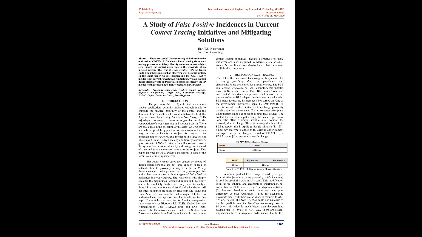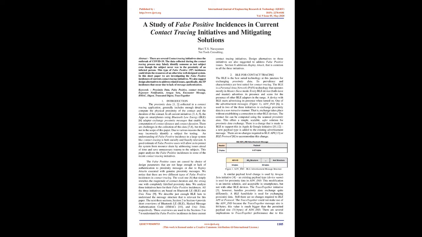All the 3 initiatives are based on Bluetooth LE, BLE, and Unix Time [9]. We describe just enough BLE here to understand the message structure that is relevant for this paper. The next 3 sections, Section 2 to Section 4, provide short overviews of Bluetooth LE, hashed message authentication code, HMAC [10], and Unix Time, respectively.